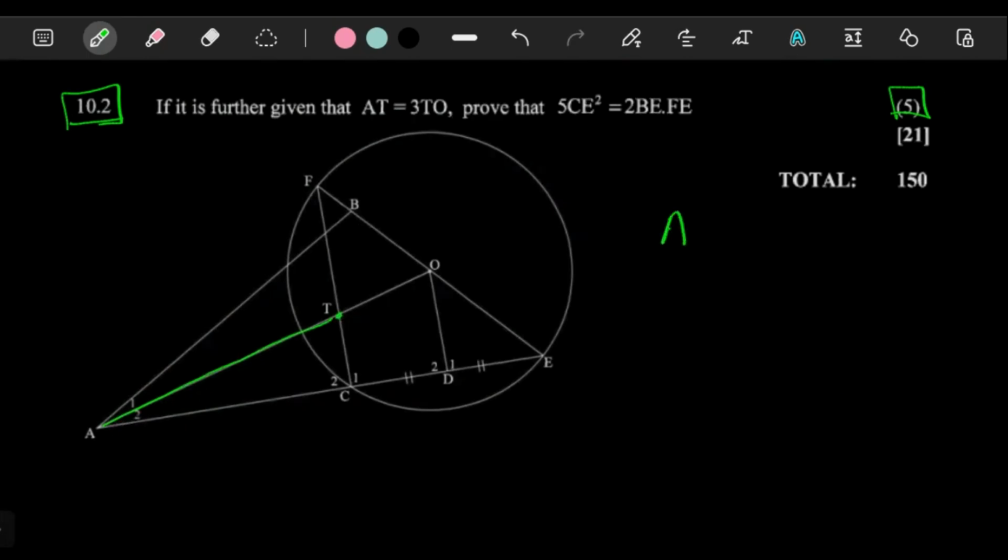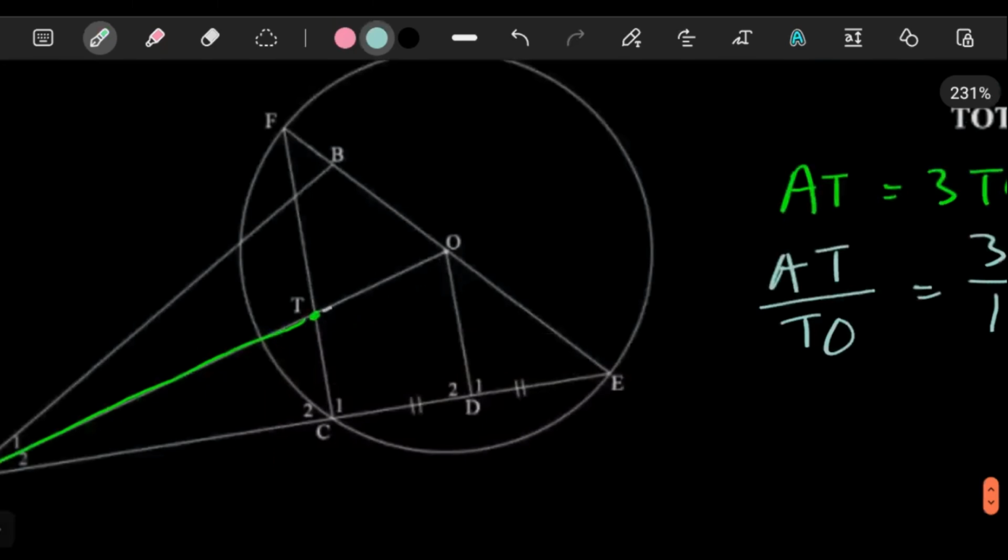So as long as AT is equal to 3TO, we want to think of this as a ratio. Meaning if you divide both sides by TO, you're going to have AT over TO is equal to 3 over 1. So AT is 3 times TO.